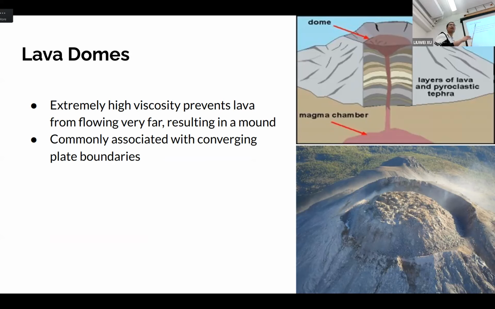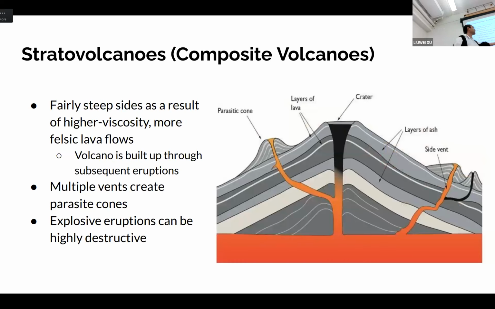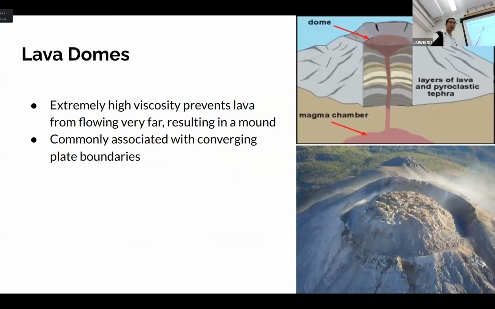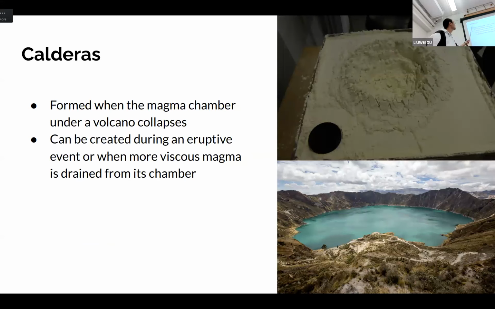Final one is calderas. Before the caldera forms, the volcano is pretty much like a stratovolcano, and it has a lava chamber beneath the mountain. But if the lava all goes out and the chamber becomes empty, it cannot support the heavy mountain above. So the mountain collapses and forms what we call calderas.